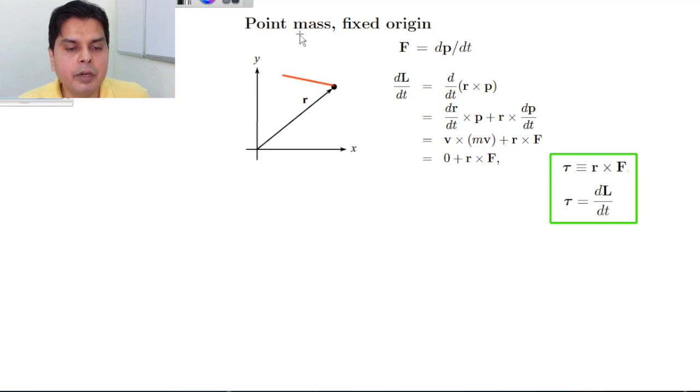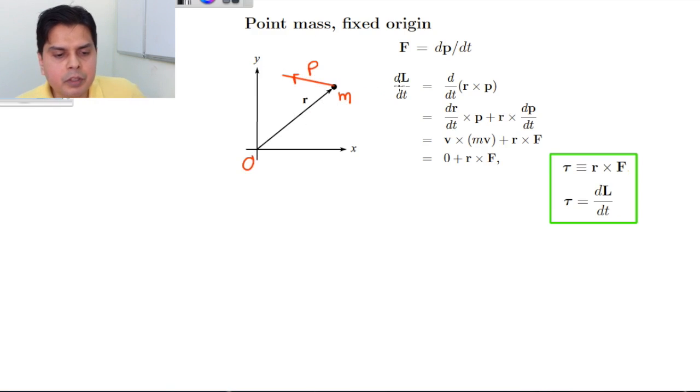Suppose you have been given a point mass, the simplest case I am dealing with, and the origin is fixed. This is my mass M, this is my origin, this is my R, and this is my P. So what will be L?